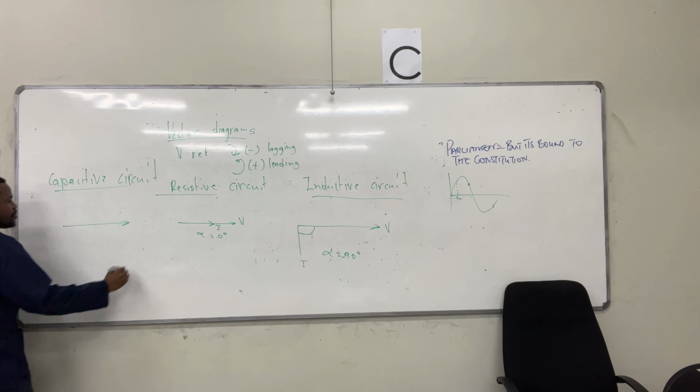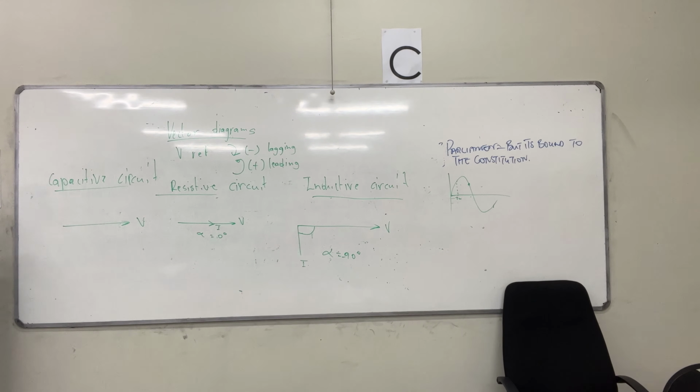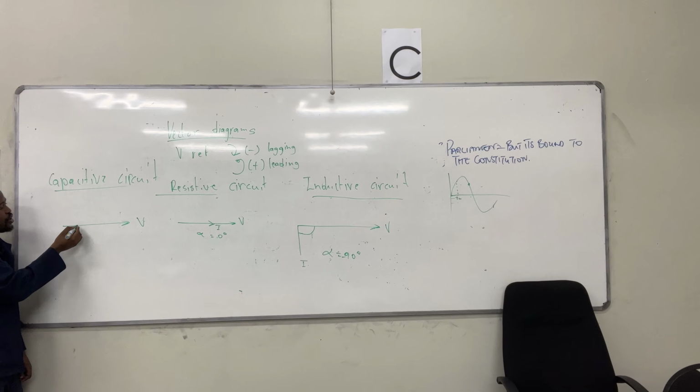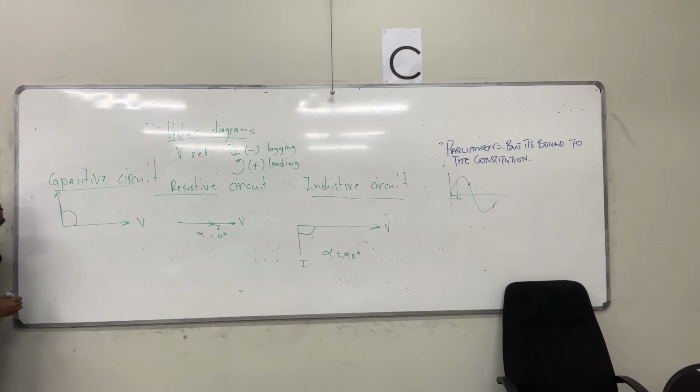The reference phasor is the voltage. The current leads the voltage by 90. That is a leading angle, a positive angle, and a positive angle means we rotate anticlockwise.